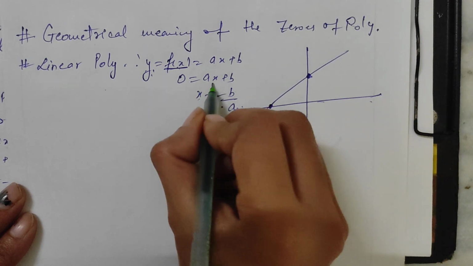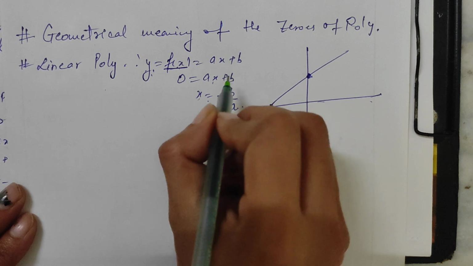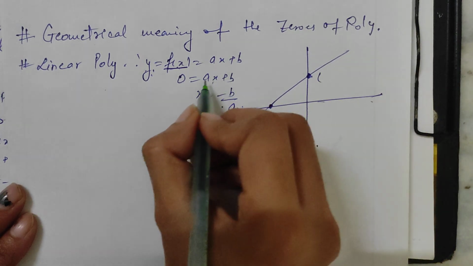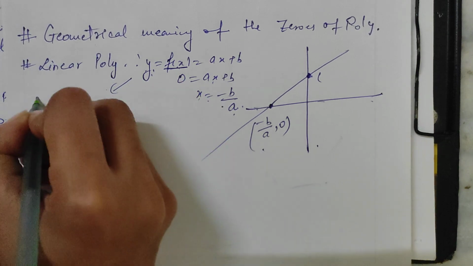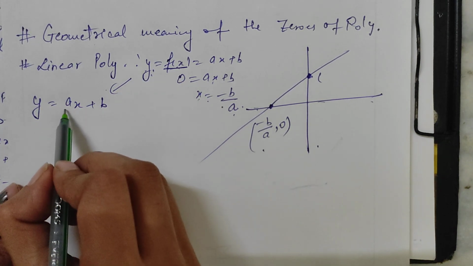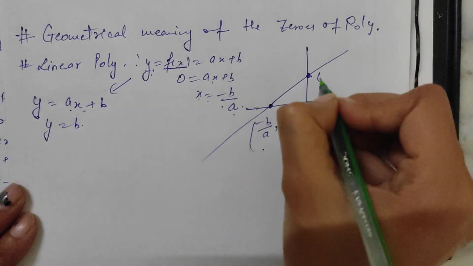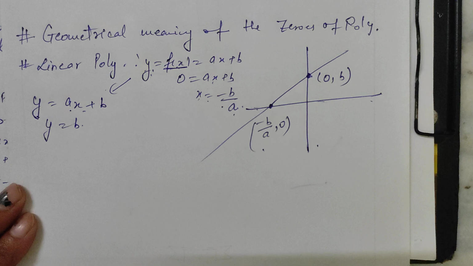When we substitute x as 0, y equals ax plus b, whenever your x is 0, that means y equals b, that means this is your coordinates 0 comma b. Is it clear?